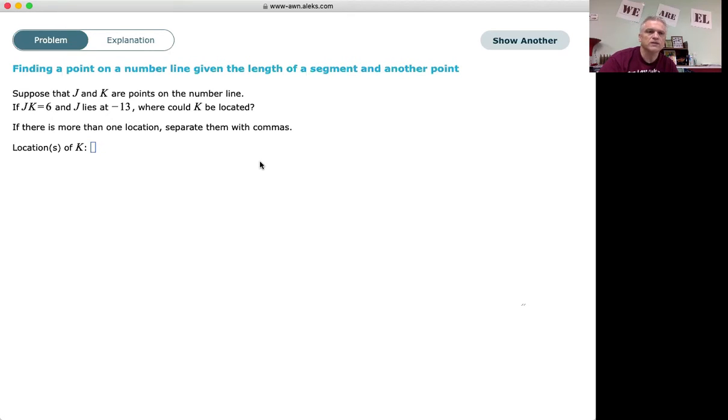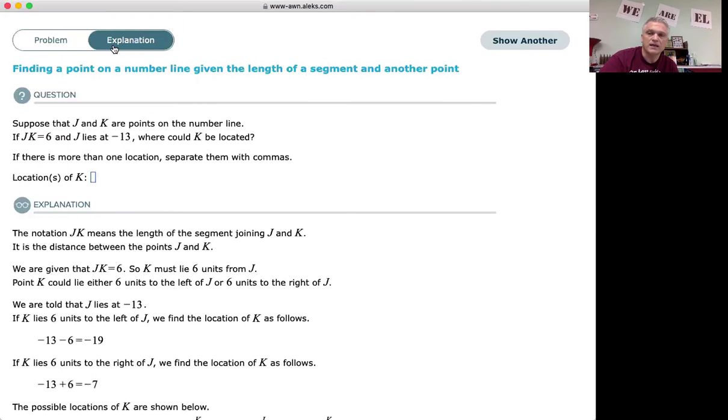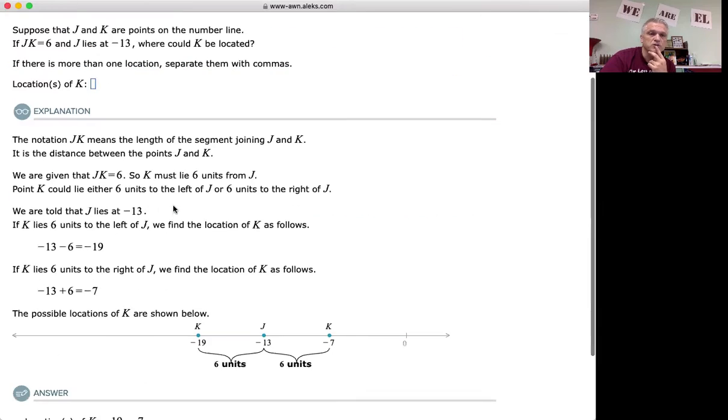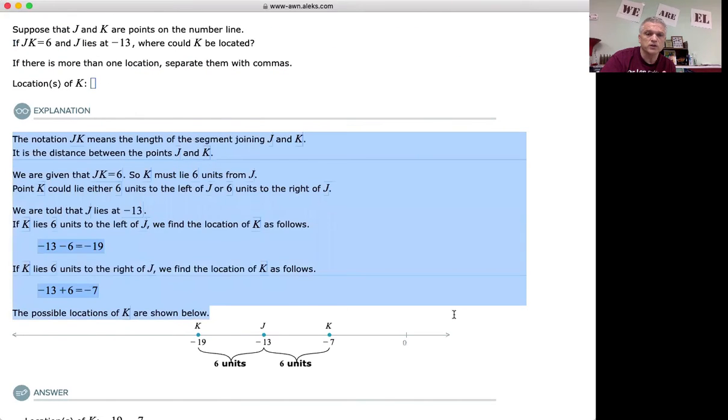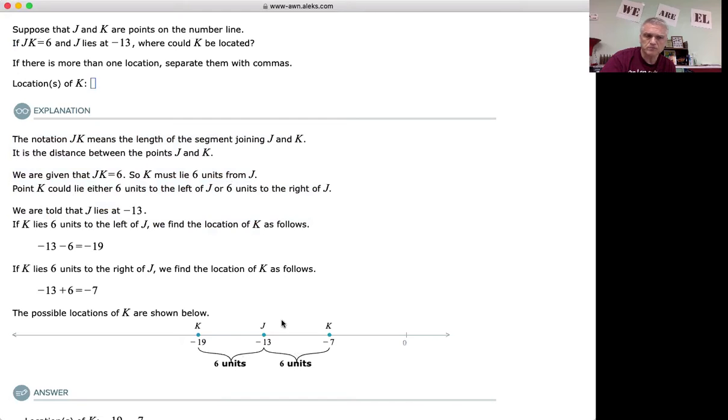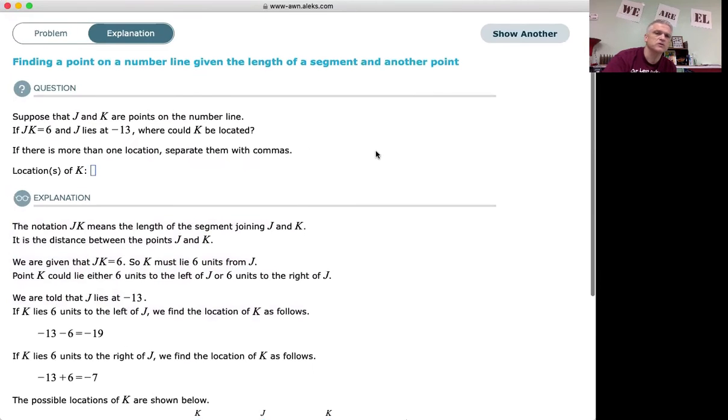And if you're looking at that and say, well, how could it be more than one location? And you can't remember that, you could go to the right or to the left of J to get K. Well, again, you can go back and hit the explanation, and the explanation here is actually a very nice one. They even give you a nice little visual at the bottom. They give you the right answer.